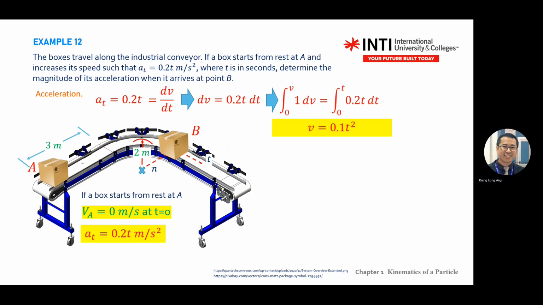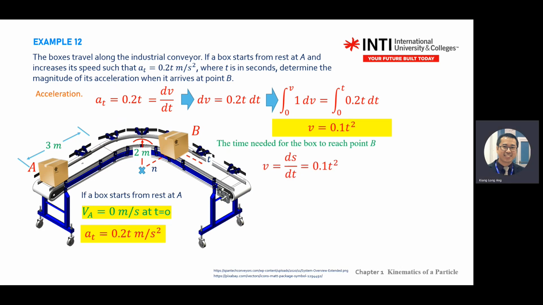The general equation, x to the n. Okay, so that's why you get 0.1 t squared.